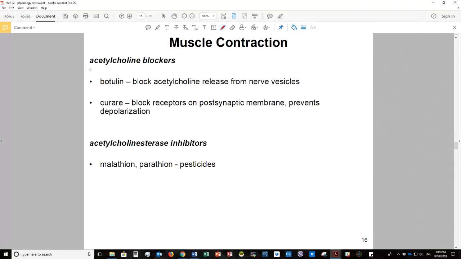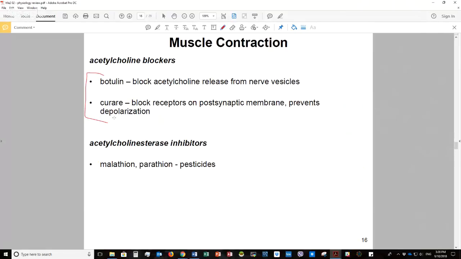So some drugs act on this area. So these two will block acetylcholine from doing its job. So botulinum, it's in honey. It's why infants, less than 1 year of age, are not supposed to eat honey. Adults, we can handle it. Our digestive systems will take care of it before it's even an issue.